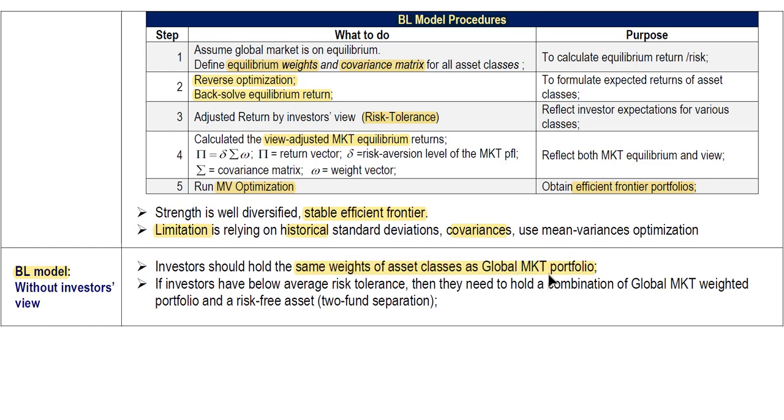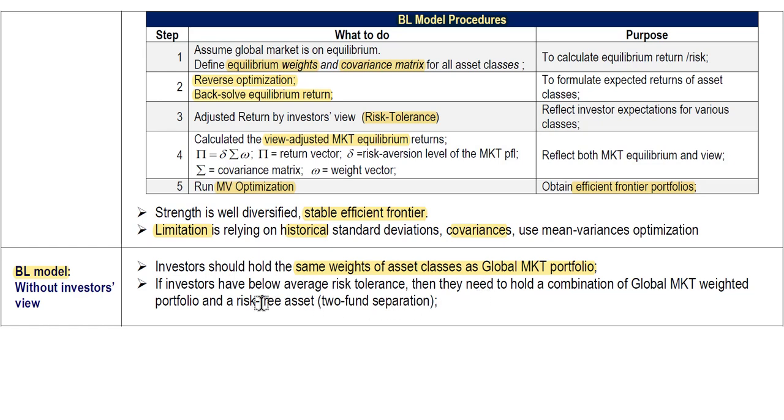That is the implication. That's the reason why more and more fund managers today say, let's just hold the global market portfolio with the same weight given by the current market condition, because we view that the global market is in equilibrium. That is the implication from the Black Litterman model.